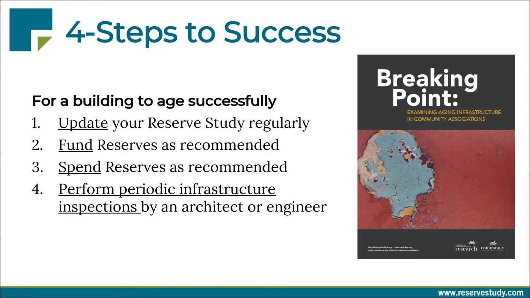As Bryan mentioned, getting those current costs, restabilizing the funding plan based on how their starting balance had changed, and then funding reserves as recommended, giving the reserve fund the money it needs, not for the purpose of just feeling good about things, but for the purpose of spending it, having the cash to spend and maintain the building. And then number 4, performing those periodic structural inspections. So if there are any big problems at the association, they get caught early before they become expensive or safety problems.